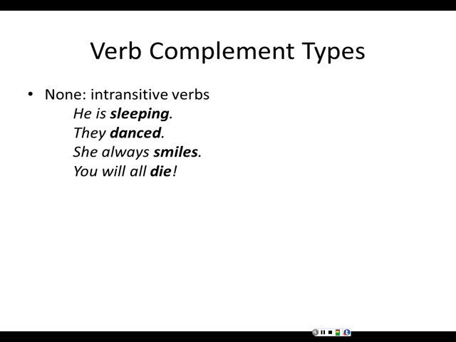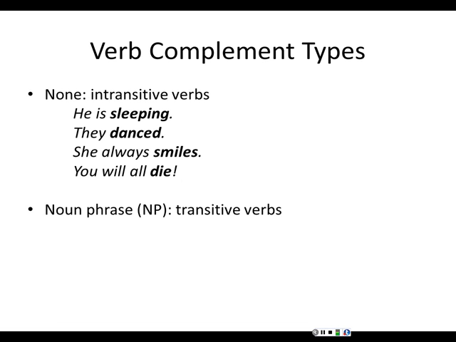Of course, you can have adverbs or prepositional phrases after this if you want to. For example, you could say he is sleeping in the bedroom, or they danced on the dance floor, or she always smiles for pictures, or you will all die after long and healthy lives. But they don't have to have any kind of complement, so they're intransitive.